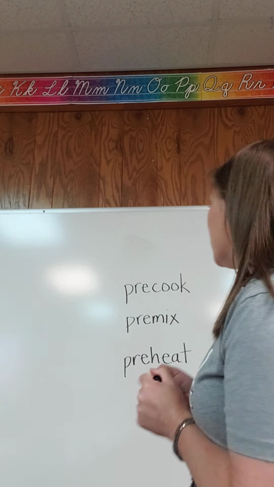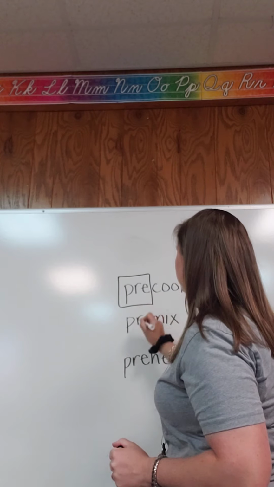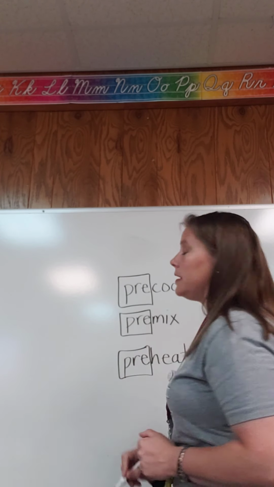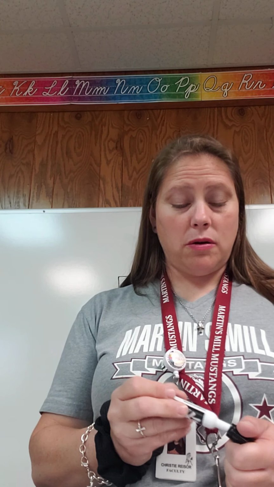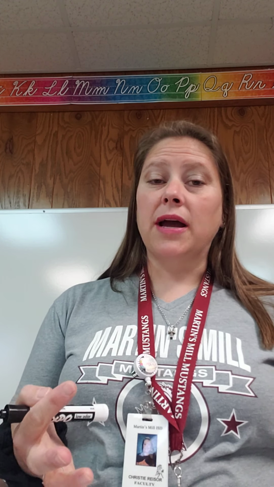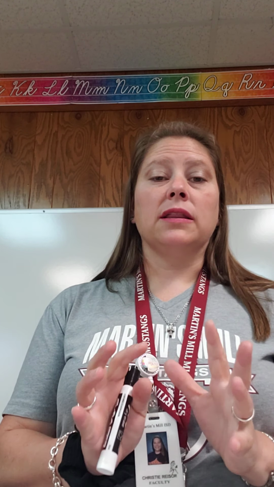Okay, so if you take a look at each of these words, you are going to box prefix pre. Now remember, when you see a prefix or a suffix and you go to box it, what's the one thing you have to make sure is left behind? That's right. You have to make sure that there is a base word or a root word left behind.